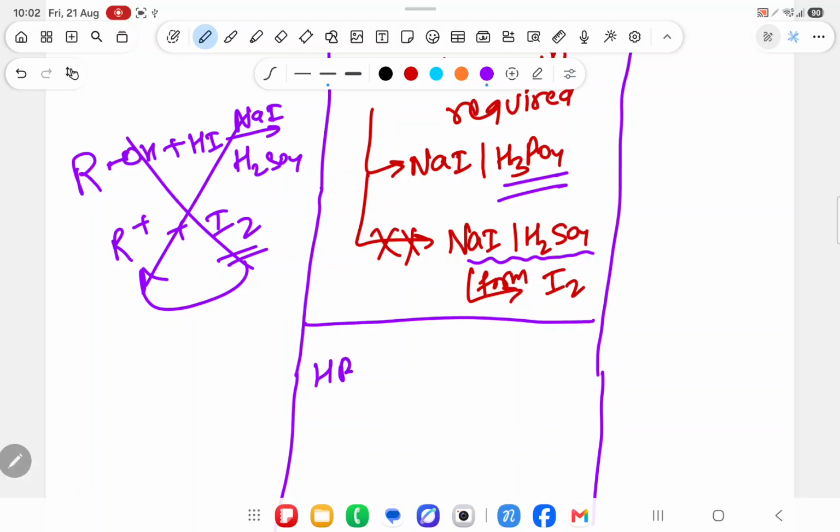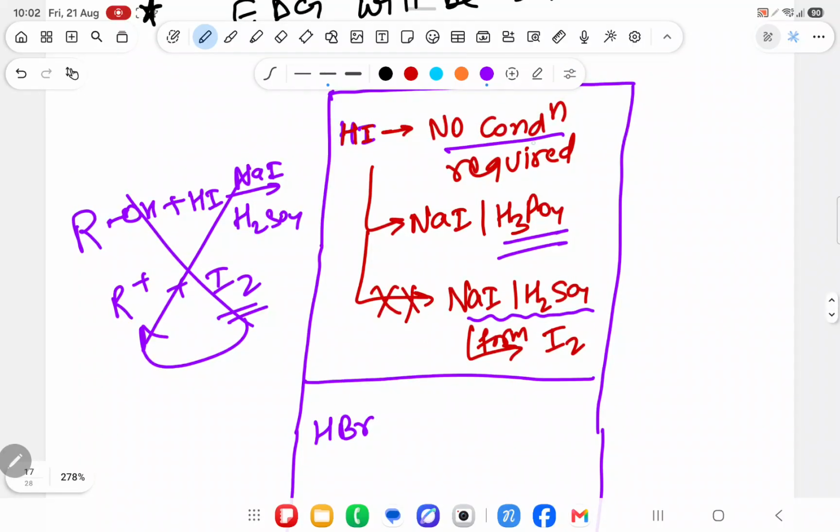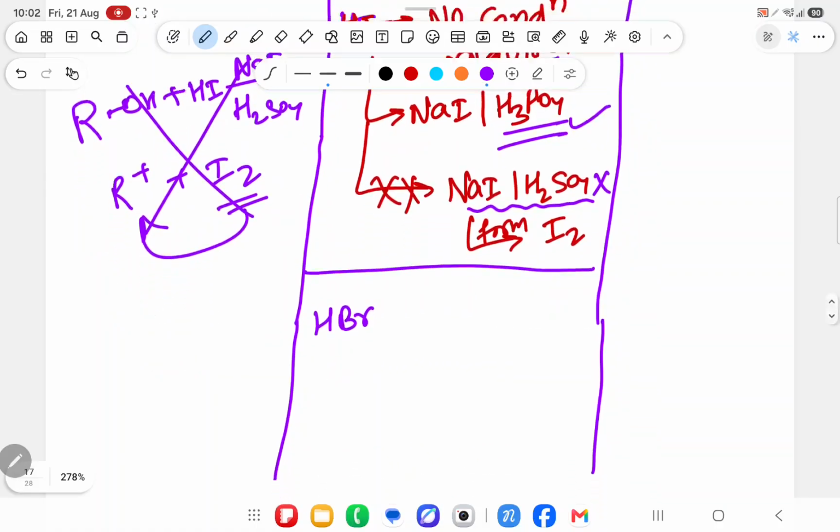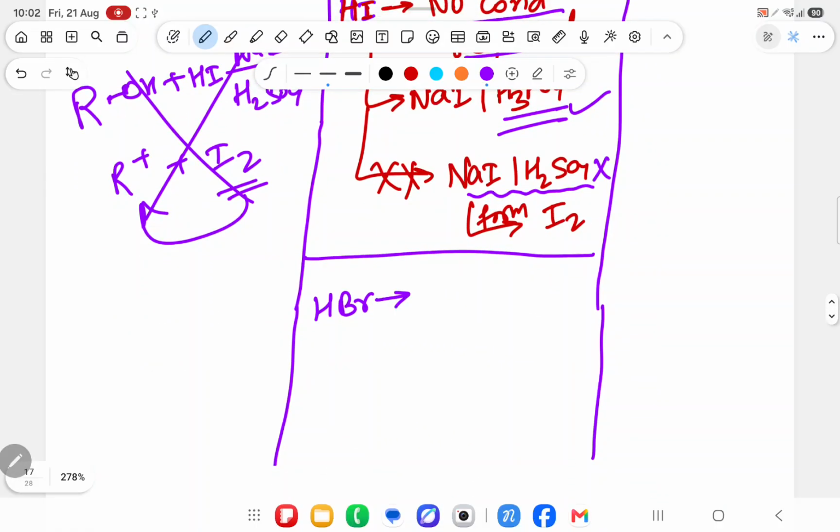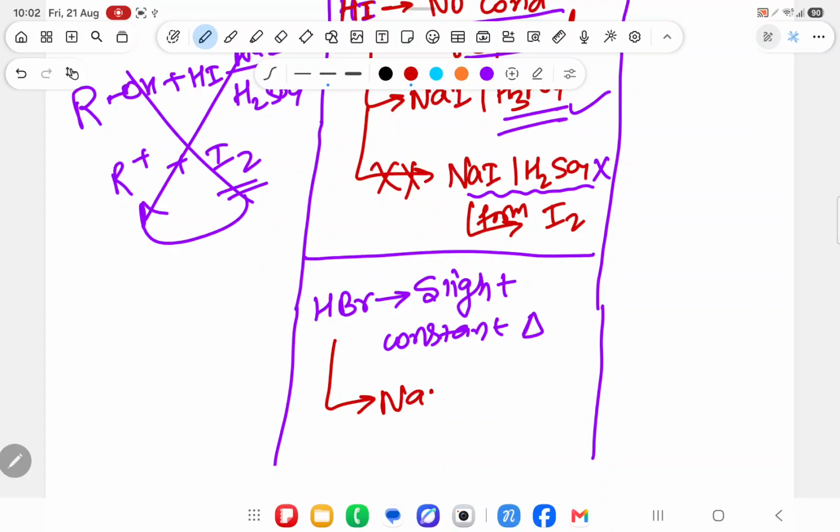Then if HBr is there, over here no H2SO4 issue, you can use H3PO4. Over here a condition is there: whenever you use HBr, you have to provide slight constant heat. You can use NaBr in presence of H2SO4 or H3PO4, no problem.